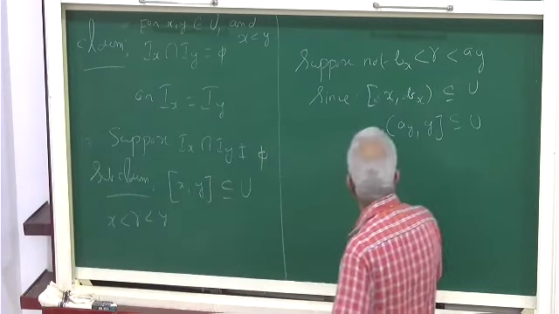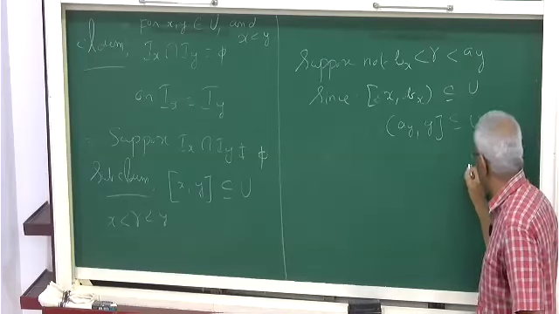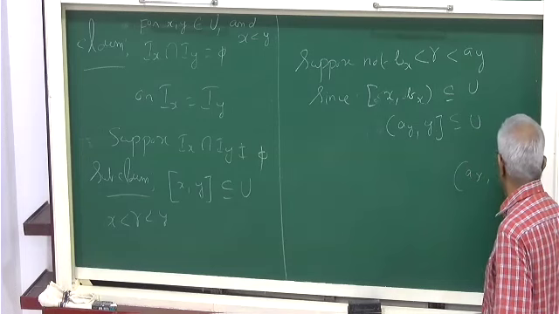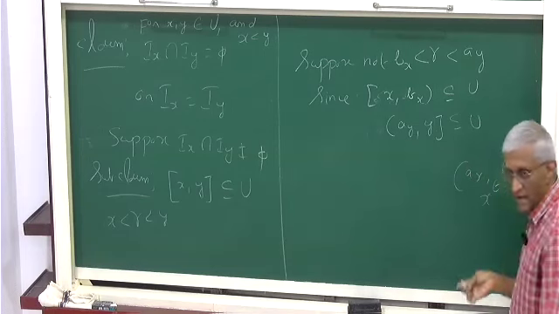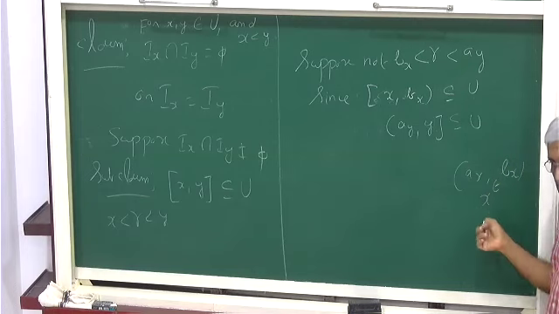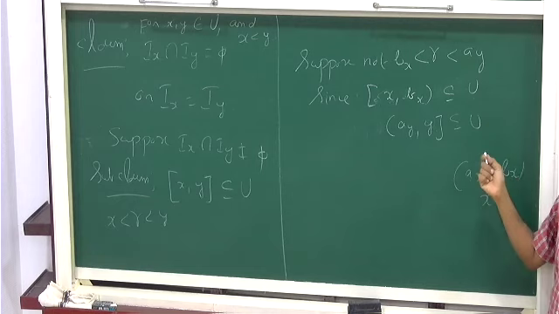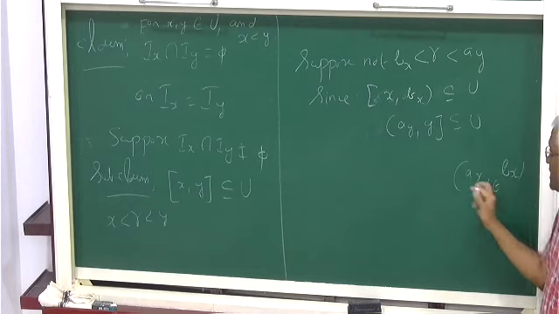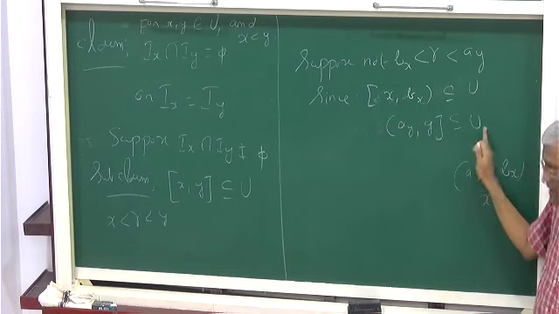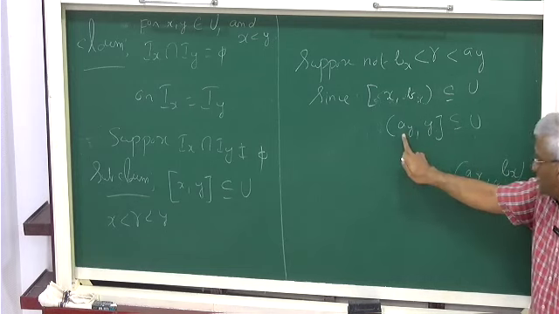By definition, x to b_x is contained in U. For a given x, you get an interval by taking infimum and supremum; that is how we defined a_x and b_x. So x to b_x is already in U, and a_y to y is already in U. So if r is not in U, it should be between b_x and a_y, right?